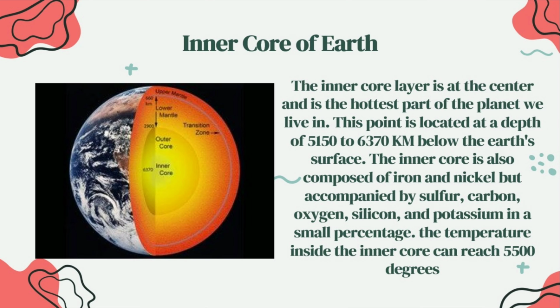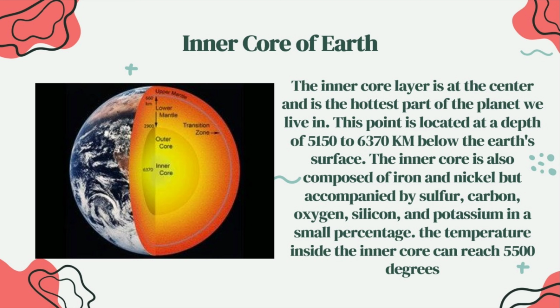Inner core of Earth. Meanwhile, the inner core layer is at the center and is the hottest part of the planet we live in. This point is located at a depth of 5,150 to 6,370 km below the Earth's surface.